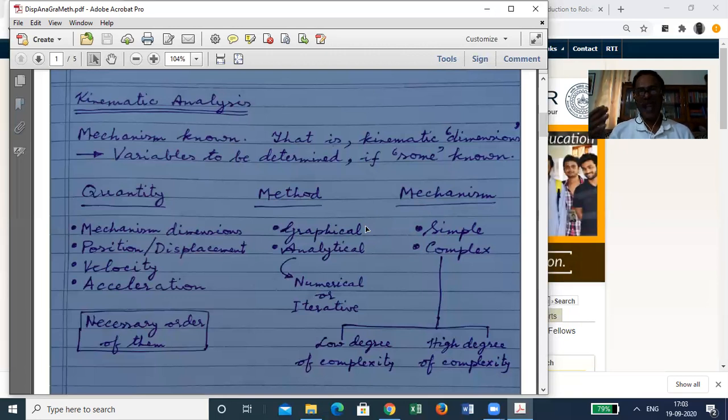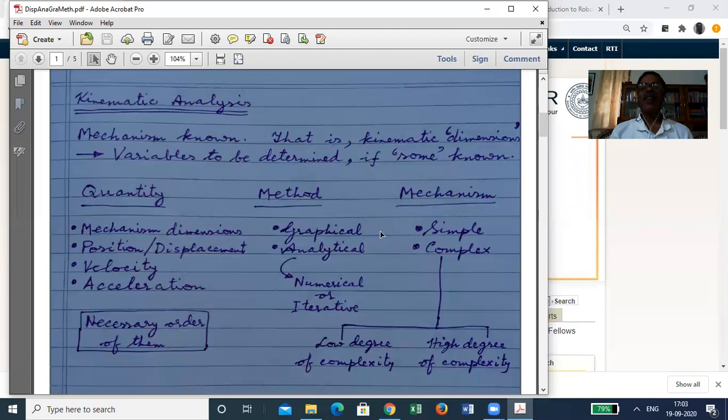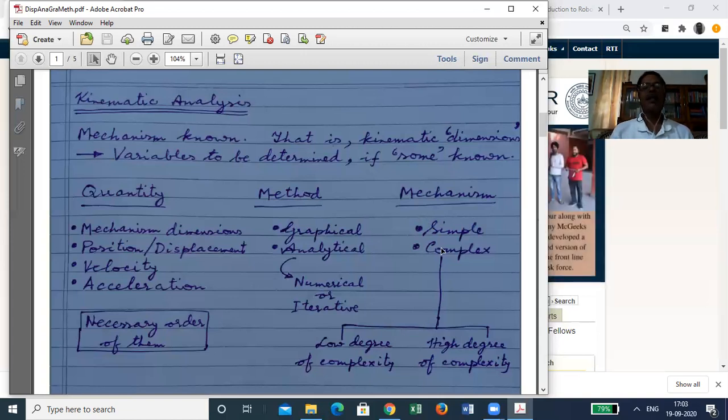The actual definition of a simple mechanism is actually a little more elaborate. Okay. And then after that elaborate definition, you say that as an outcome, as a statement, as a fact, you mention that graphical methods succeed in the simple mechanisms defined so. Okay. If it is not simple, then it is complex, and then complex mechanisms can be further classified into low degree of complexity and high degree of complexity.